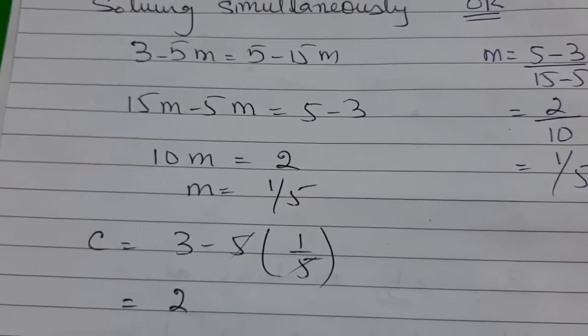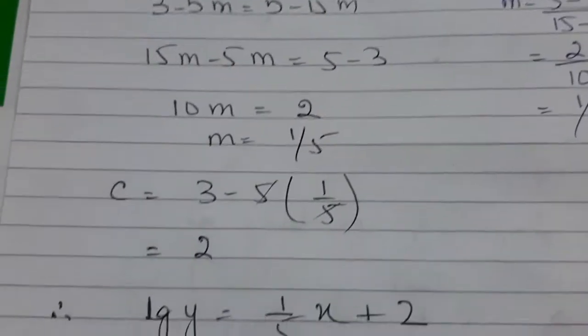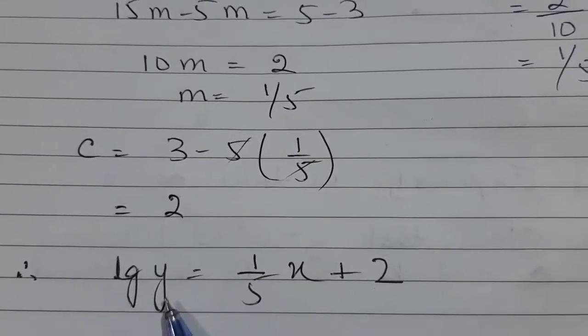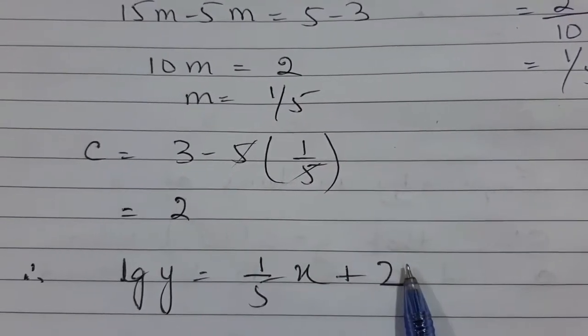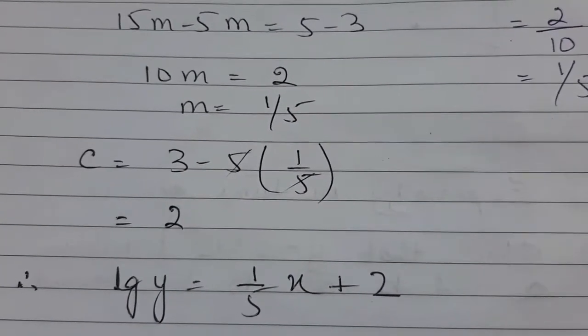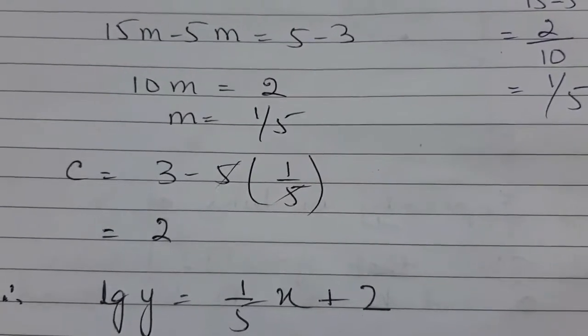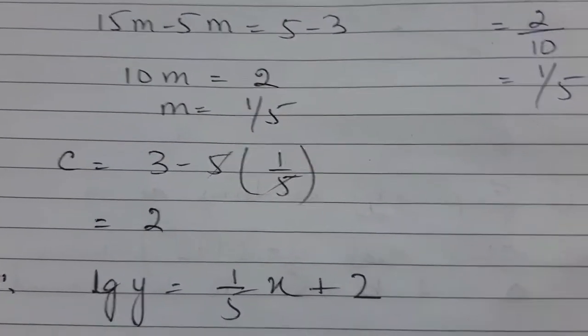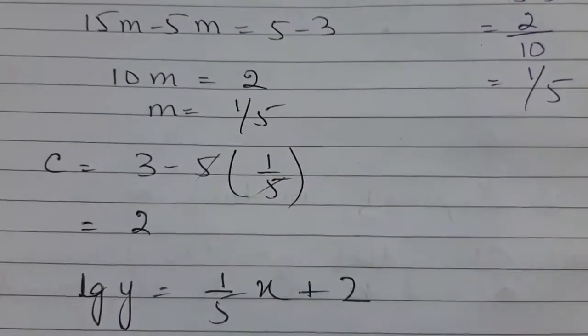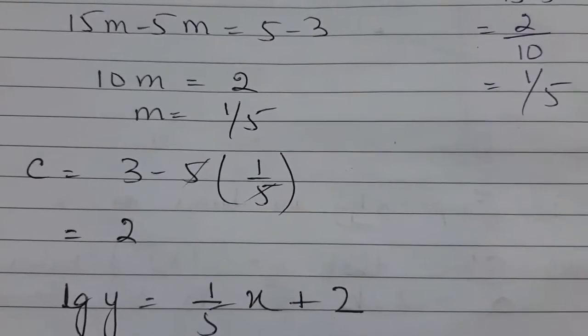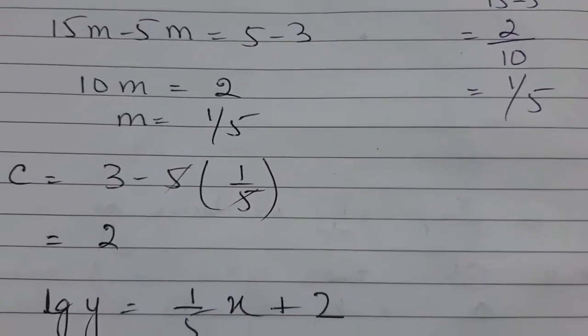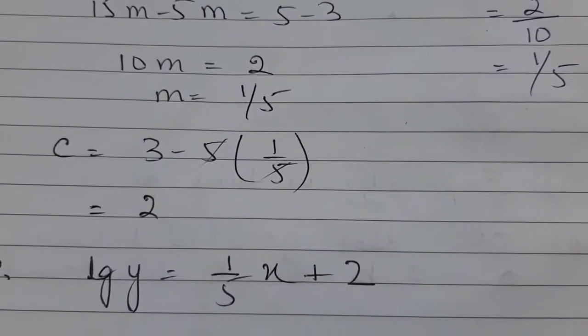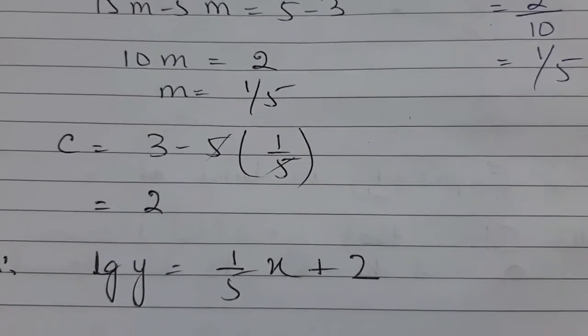Now I have my equation LGY equals mx plus c, where c is 2 and m is 1/5. So I have expressed LGY in terms of x, because the question was saying express LGY. In the previous question it was saying express y in terms of x. So read the question carefully.